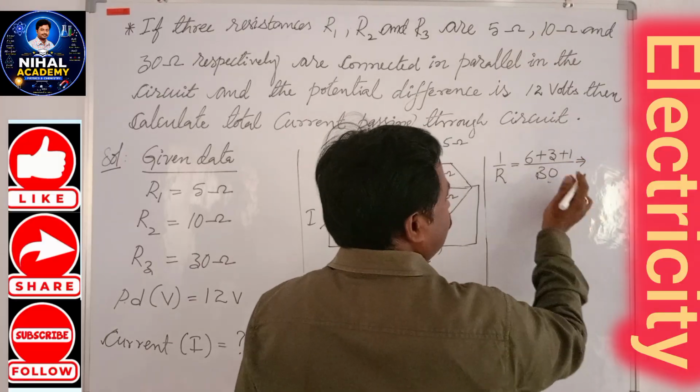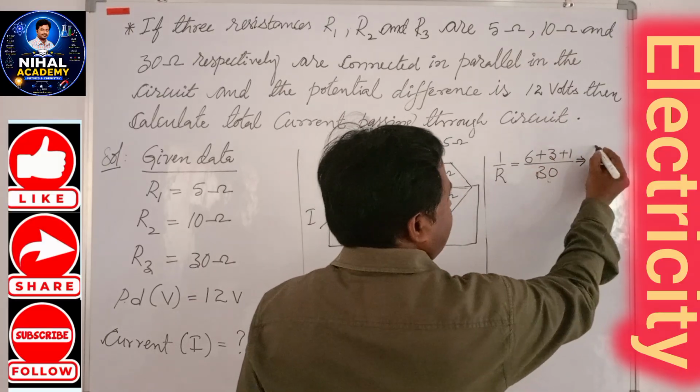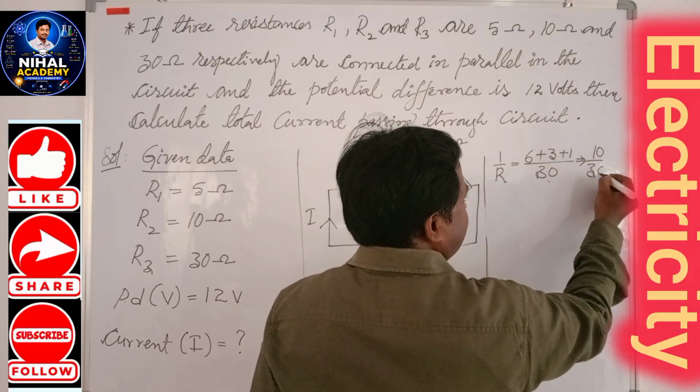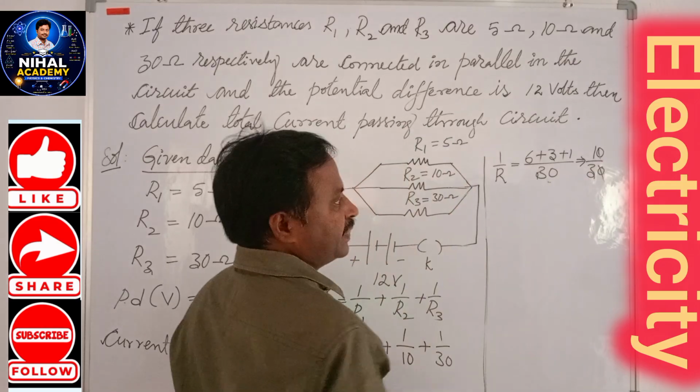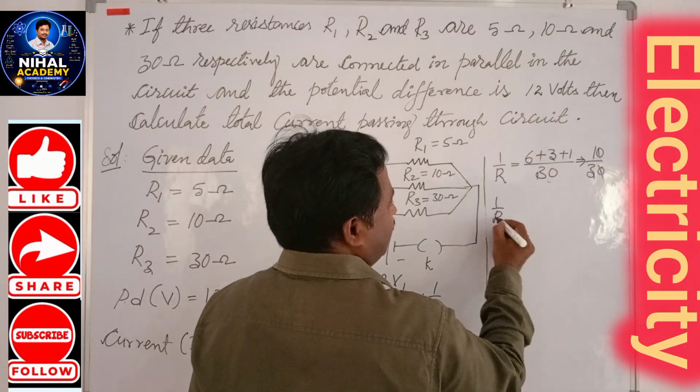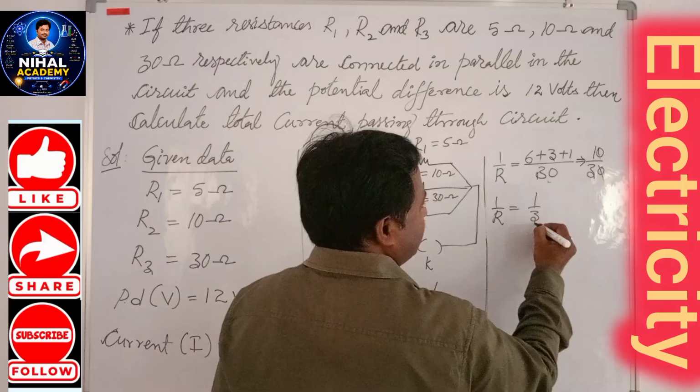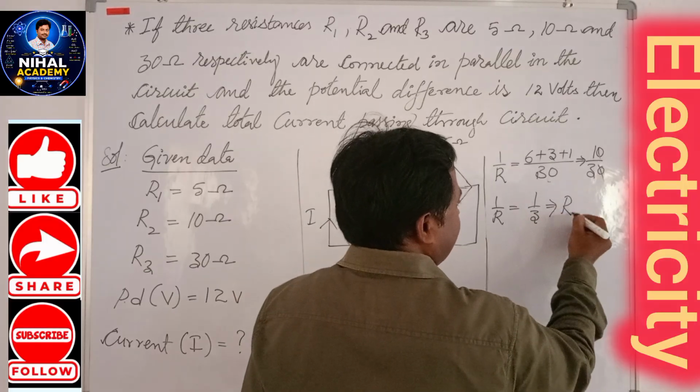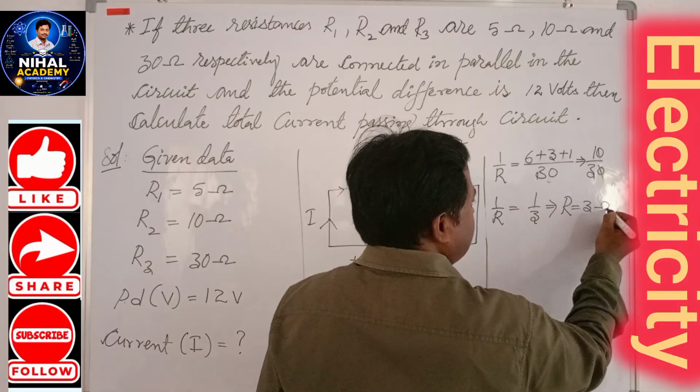So this is equal to 9 plus 1, 10, 10 by 30, 0, 0 cancel. So 1 by R is equal to 1 by 3. So from this R is equal to 3 ohm.